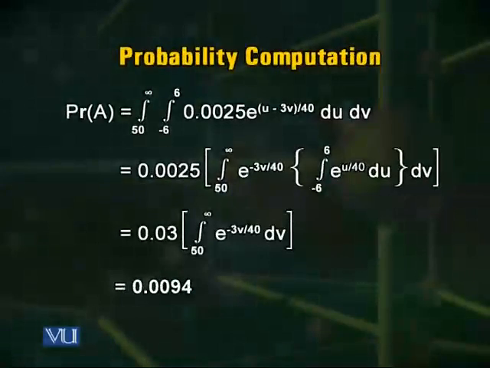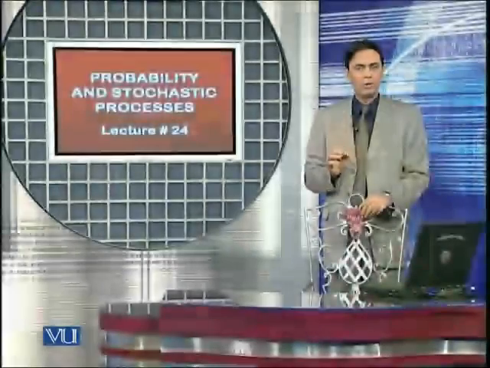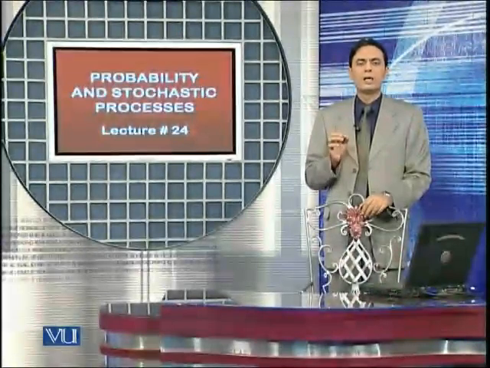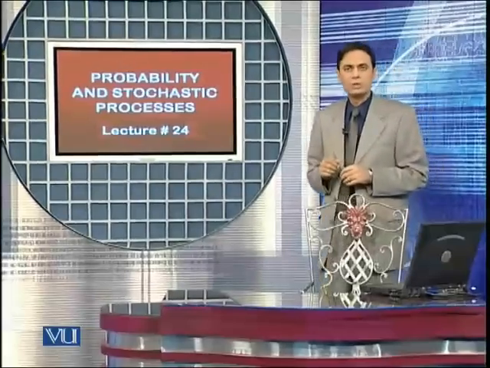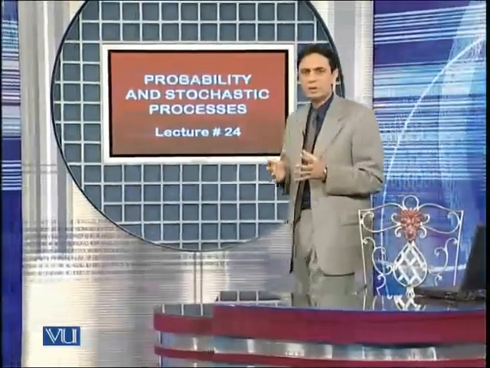Now that we have found the probability of that event using two approaches, where first we integrated a region of the xy plane where the joint PDF of x and y was defined, and then we integrated a selected region of the uv plane where the joint PDF of u and v was defined, it's proper to take a small pause, look back and observe something about the two approaches that we followed to find the probability of a certain event.